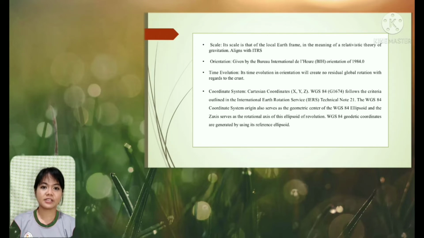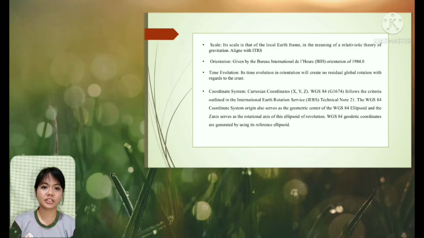Its scale is that of the local Earth frame, in the meaning of a relativistic theory of gravitation, aligned with ITRS. The orientation is given by the Bureau International de l'Heure, or BIH, orientation of 1984.0.